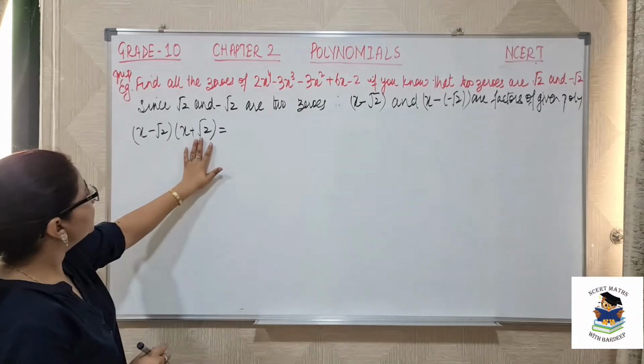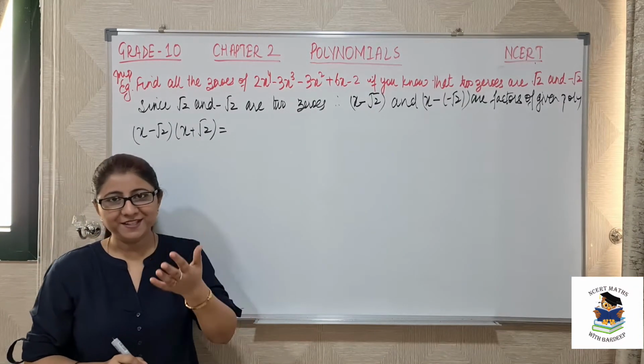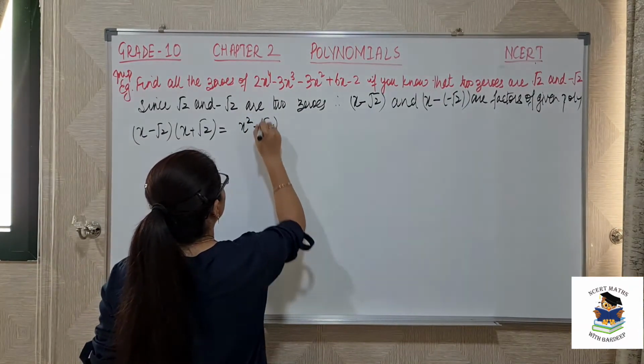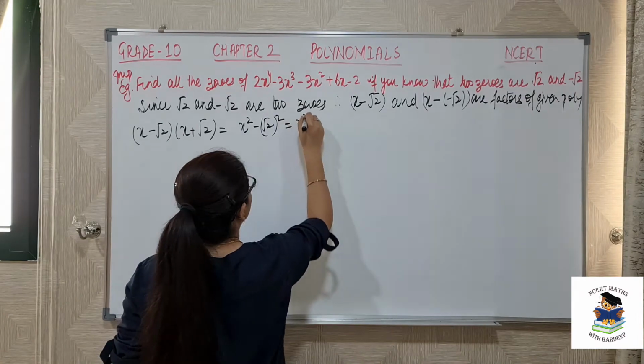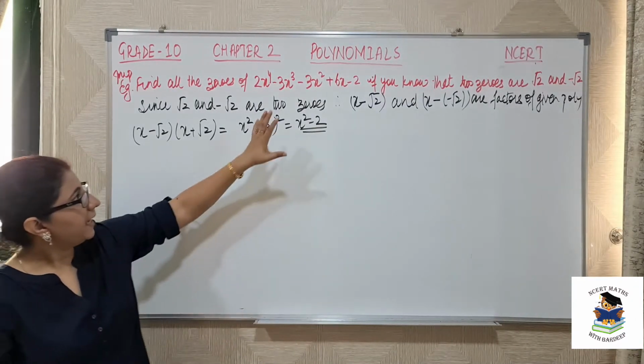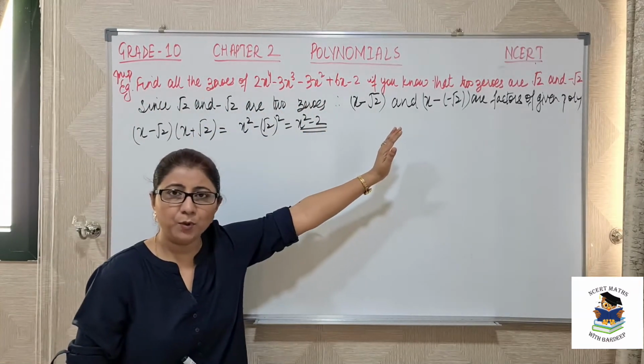Now this is a minus b into a plus b. What is the answer? a square minus b square. So this is x square minus root 2 whole square, that is x square minus 2. That means x square minus 2 is a factor of this given polynomial.